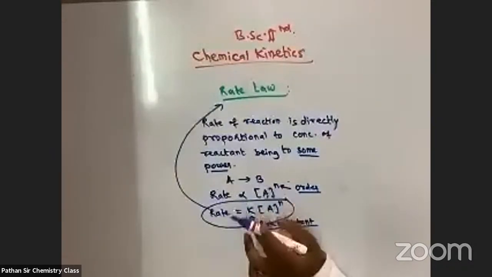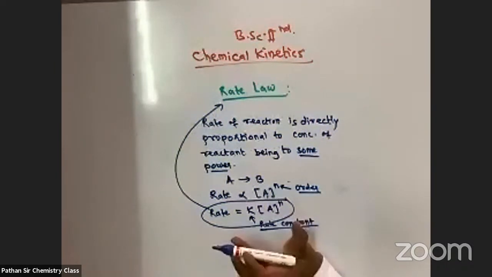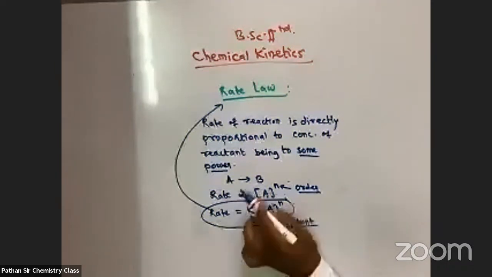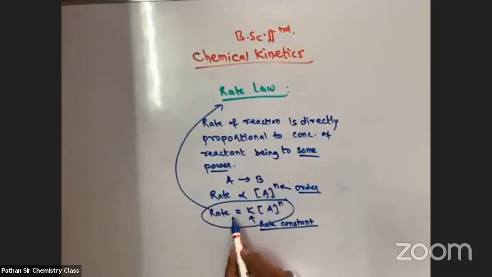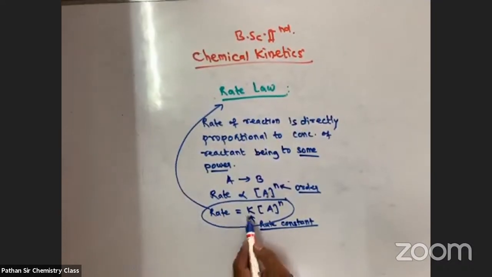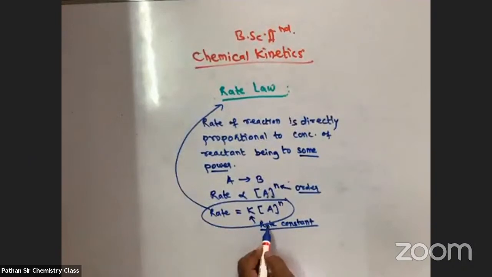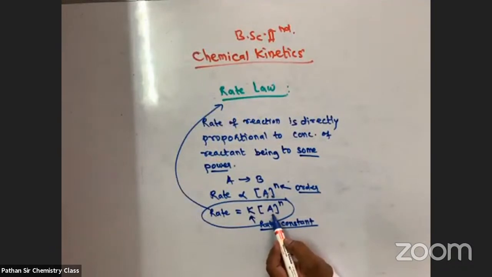That can only be determined by using experimental procedures. You cannot find it by using a simple balanced chemical reaction. So this mathematical statement is nothing but rate law. See once again, this k is rate constant, this n later you will find is the order of reaction, and A is the concentration of the reactant.